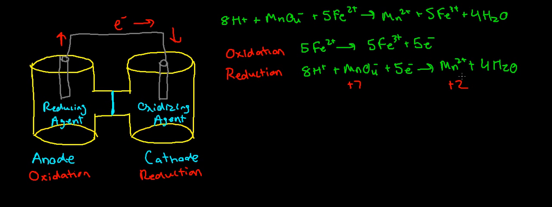The galvanic cell idea is built around this electron transfer. Since all that's happening in this reaction is electrons being transferred, these two things don't necessarily need to directly interact.